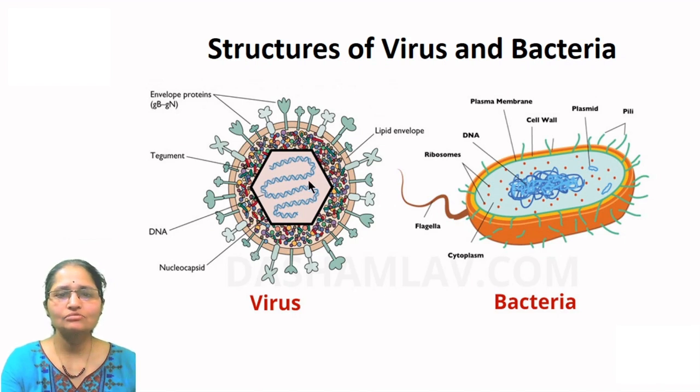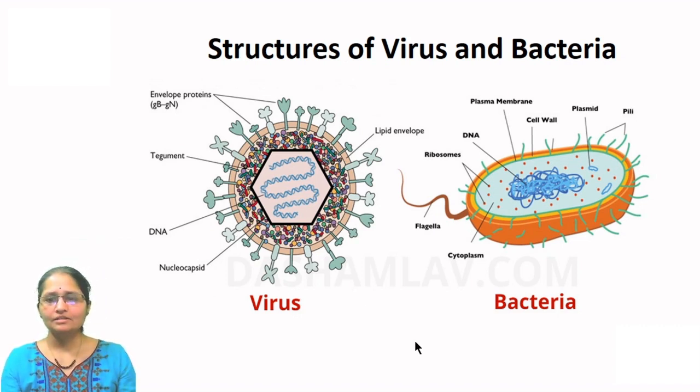Like, you can say a thread kept in a box, and that box is again surrounded by a ball, and then there are pins inserted in the ball. So likewise the structure is there. Here also these are proteins, and there is a lipid envelope around that, and there are envelope proteins inserted in that lipid envelope. So that is the general structure of a virus.